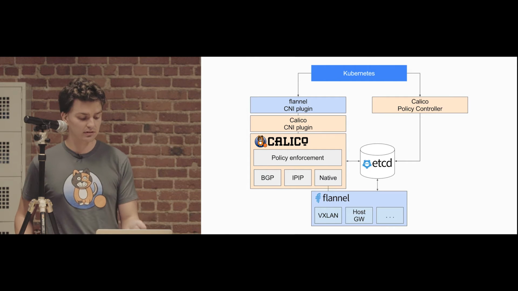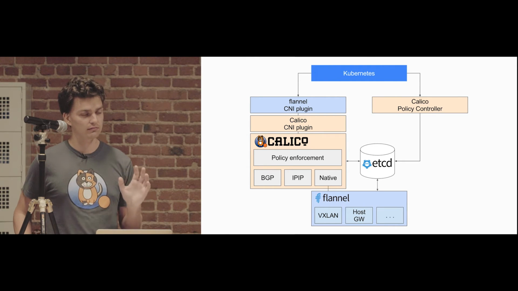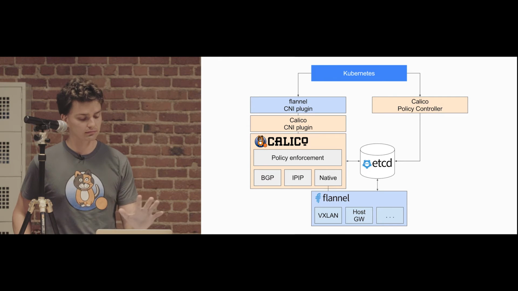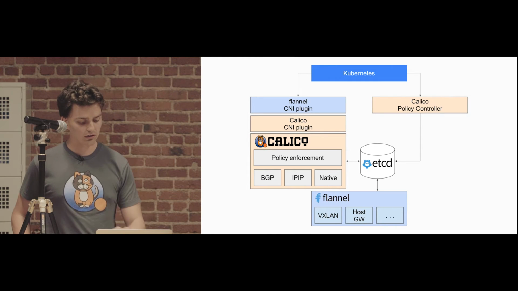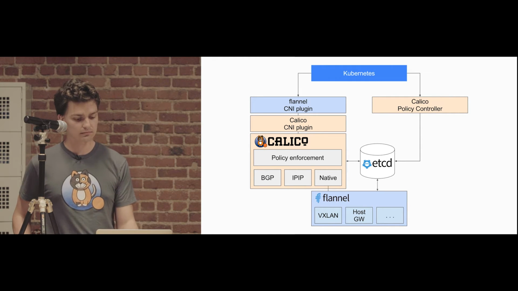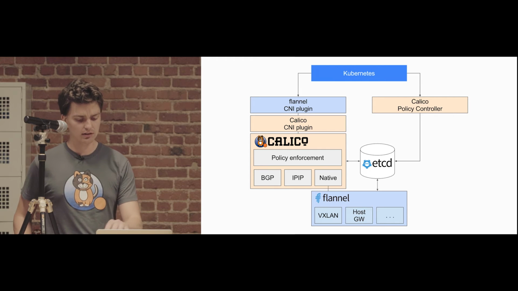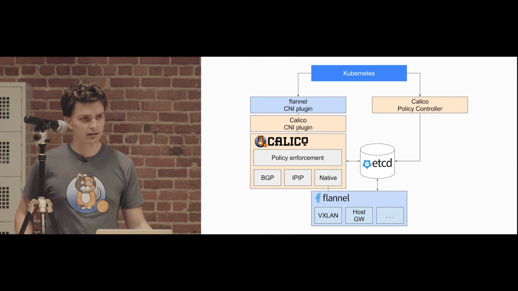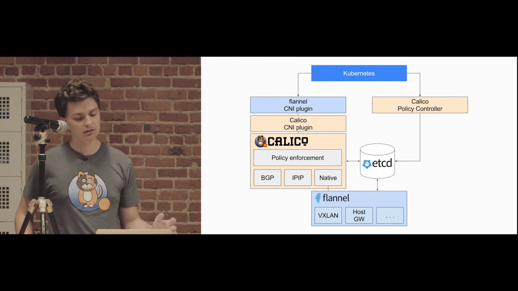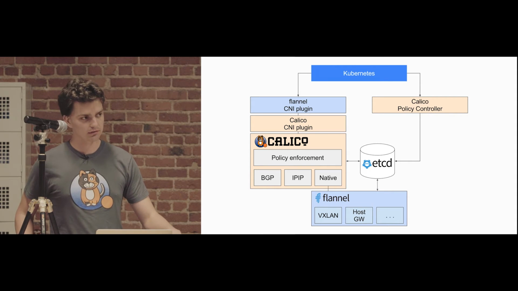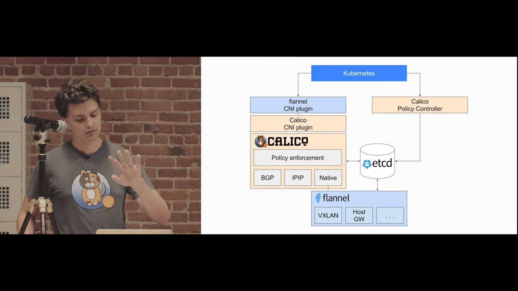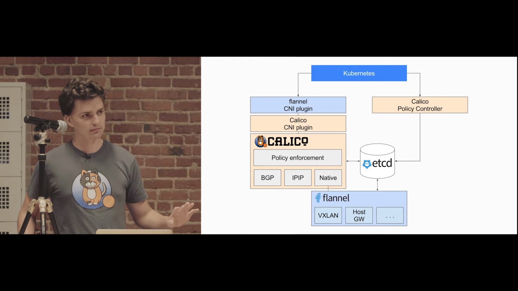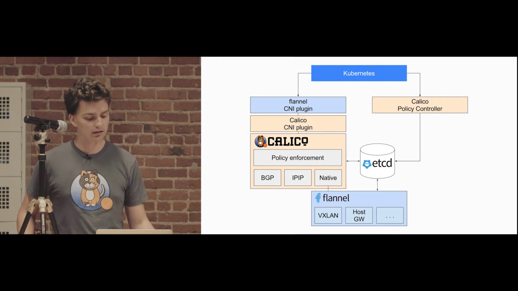Calico is then using its native backend to say, Flannel, you take care of the rest. All the state is still coordinated through etcd, and there's this extra bit in the top right here that I didn't mention before, which is a Kubernetes-specific component, which hooks into Kubernetes and reads policy information and writes that into etcd.